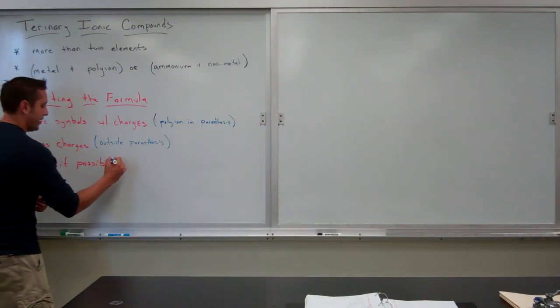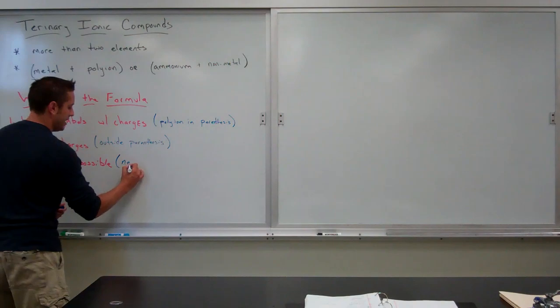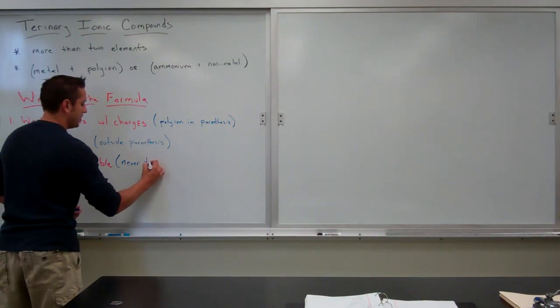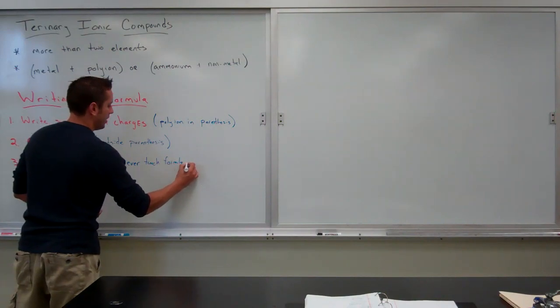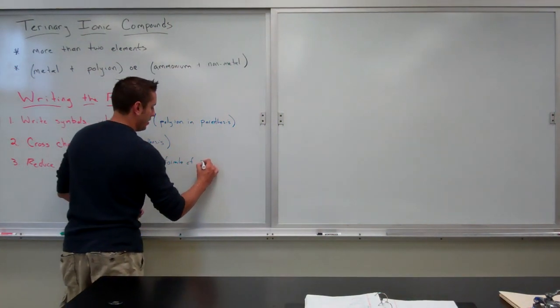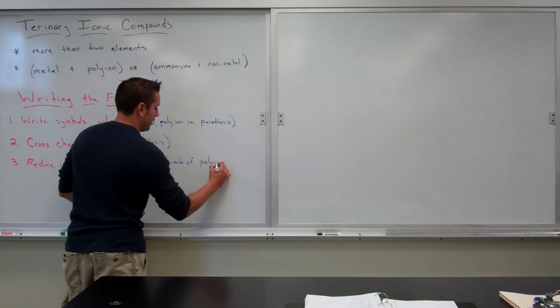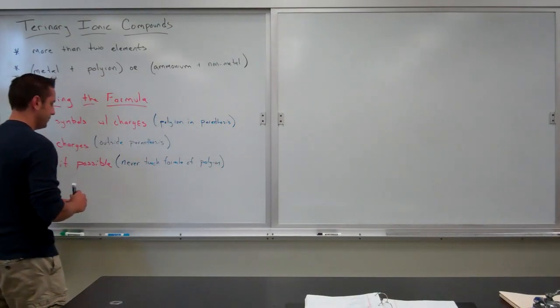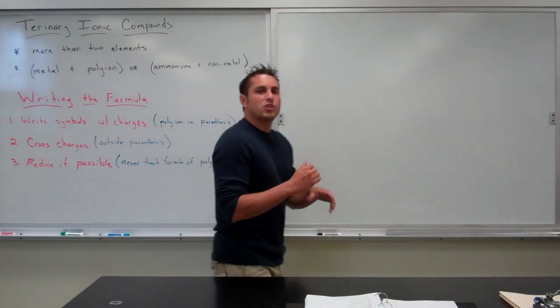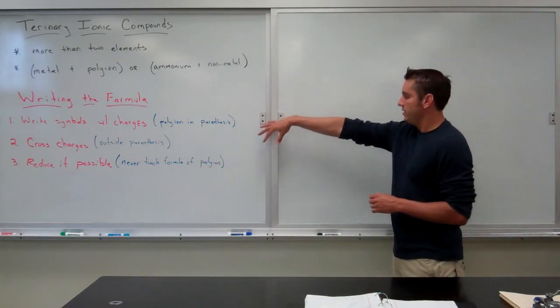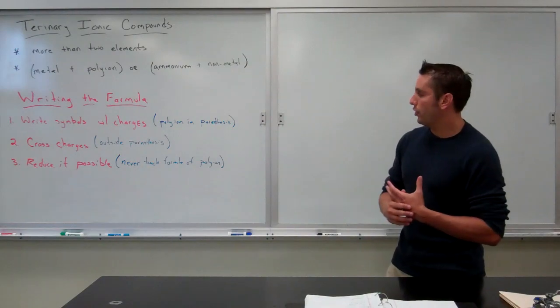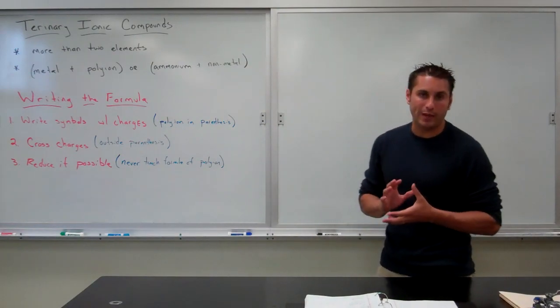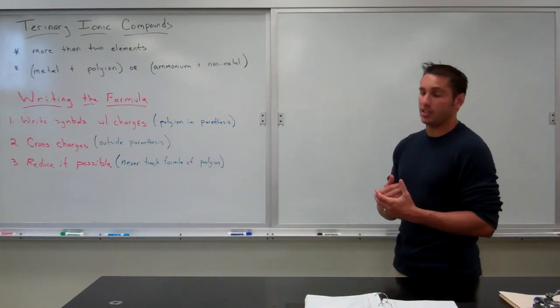And a big reminder here is never touch the formula of the polyion. The idea is something that can come and go. We'll do it early on so that you get the hang of not doing anything with the polyion other than crossing its charge down.